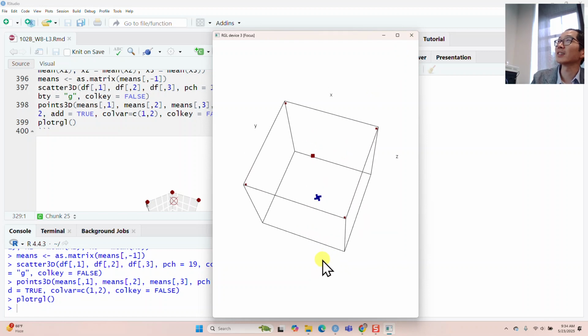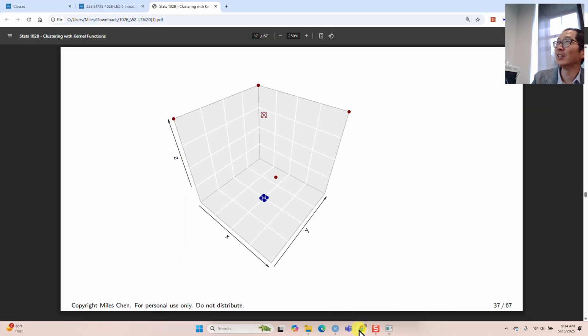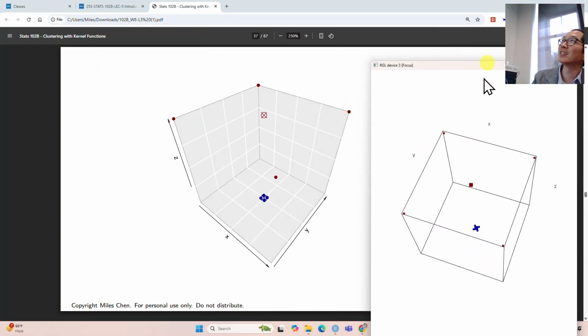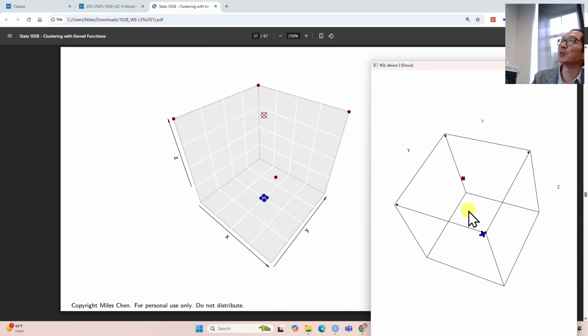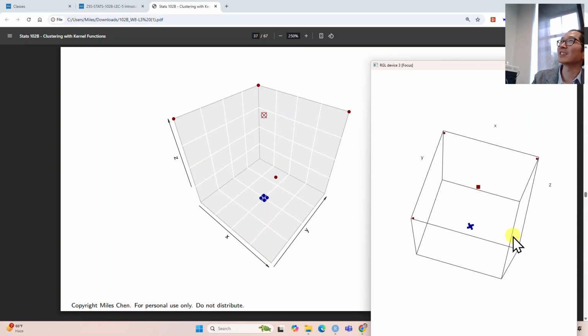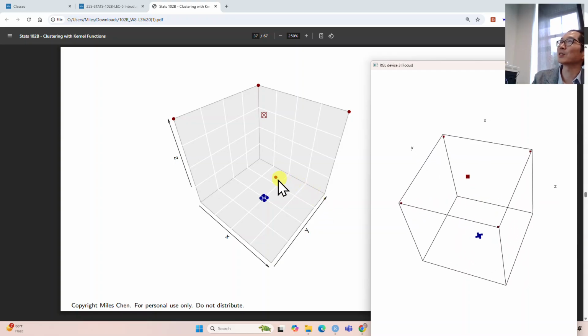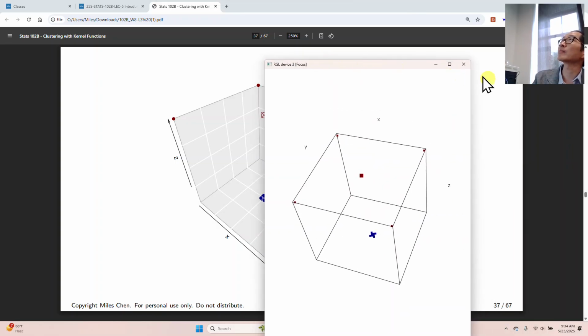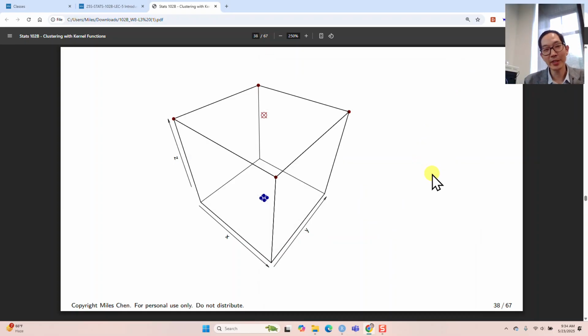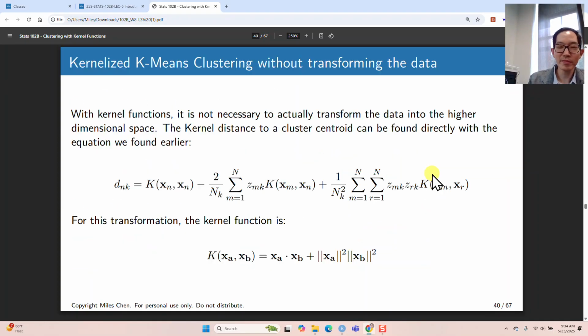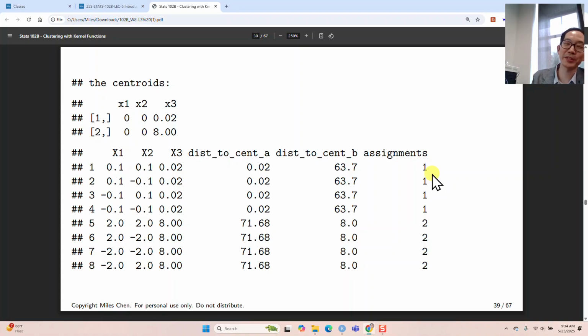It's kind of hard to tell, but something like this, right? This point is the point that's floating up here. Okay, so that's what we end up getting, and that's how k-means clustering works after we've applied the kernel function to project it up into 3 dimensions.